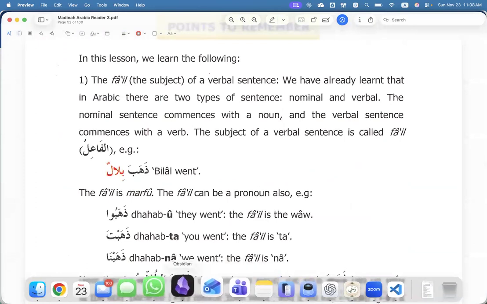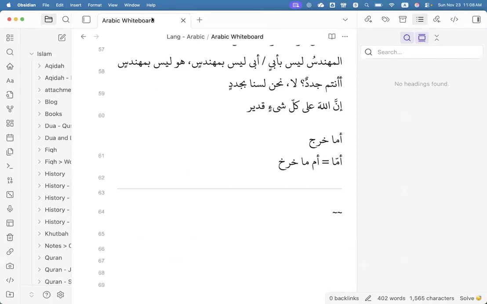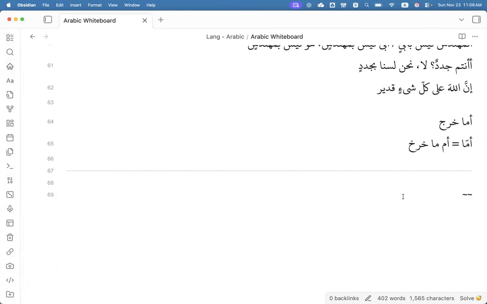So before we go into this book, let me just show you something. Hopefully you can see my screen and what I'm typing. Okay. So if I just say Raja, what do you understand this to mean?